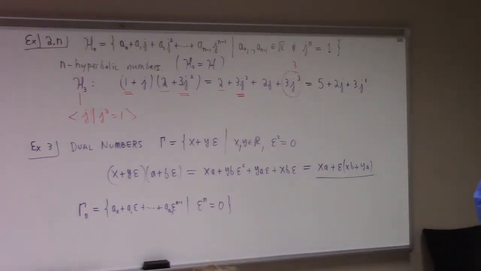They're built with some epsilon that when you get to the nth power, it's 0, but up until then, it's non-zero. So the n hyperbolic numbers are an n-dimensional algebra. The 3 hyperbolics are a 3-dimensional algebra. The dual numbers are a 2-dimensional algebra. The n dual numbers are an n-dimensional algebra.